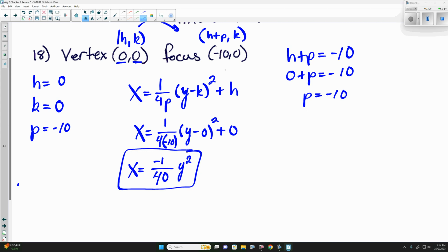We don't have to write in a plus 0, because y minus 0 squared is the same as y squared, and y times itself is y squared. So if we had another number, like y minus 1 squared, we would leave the parentheses. We're not going to multiply that out. Any other questions on this here?